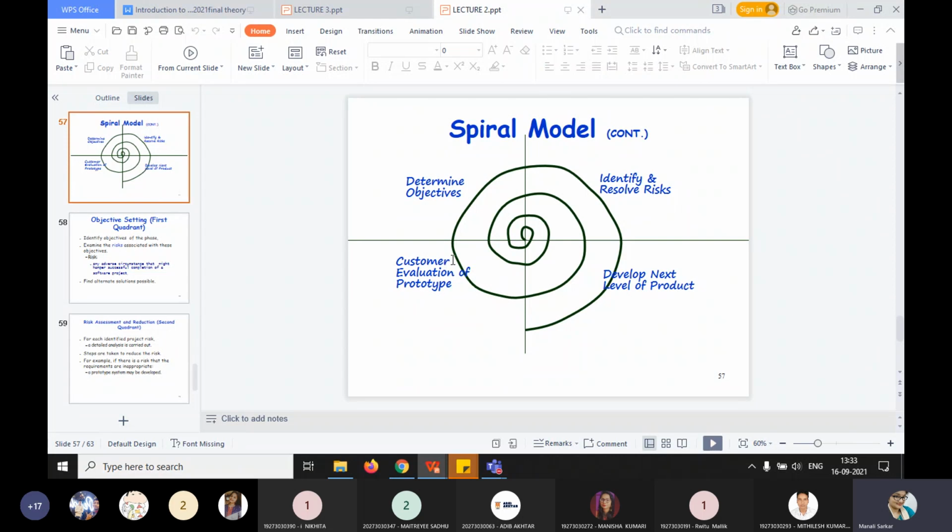Similarly, it has the idea of the evolutionary model because we start from a core and at each phase we gain some more modules. So evolution is also happening, and it also has prototyping model functionality because you develop a prototype and show it to the customer, they give reviews, and based on the reviews we decide whether to accept or reject the model.